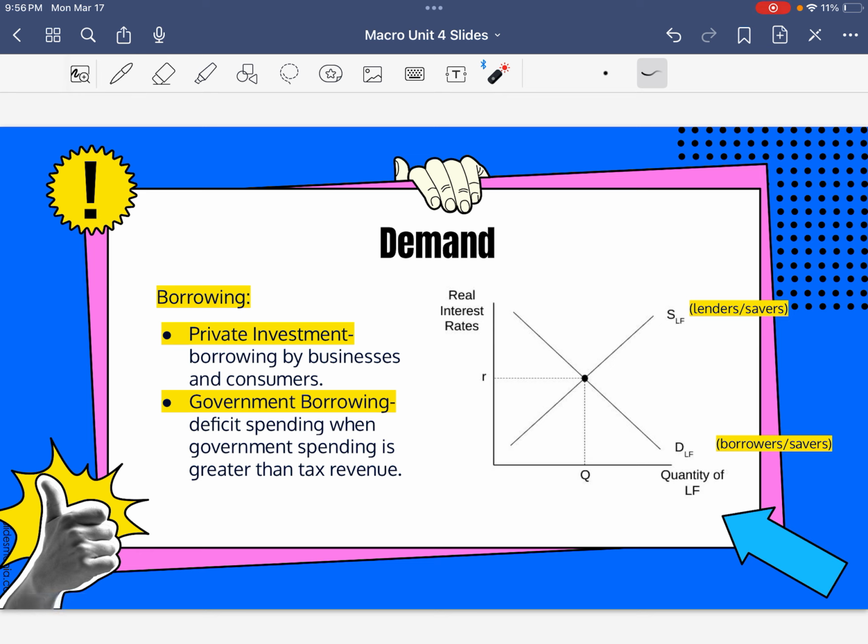Let's move on to demand. So the demand curve, again, we said was downward sloping. It's people who are demanding a loan. They are borrowers. Okay. So, when we're looking at who is borrowing money, it's the same as who is saving money. Private investments, that's you and me, borrowing money, demanding loanable funds.